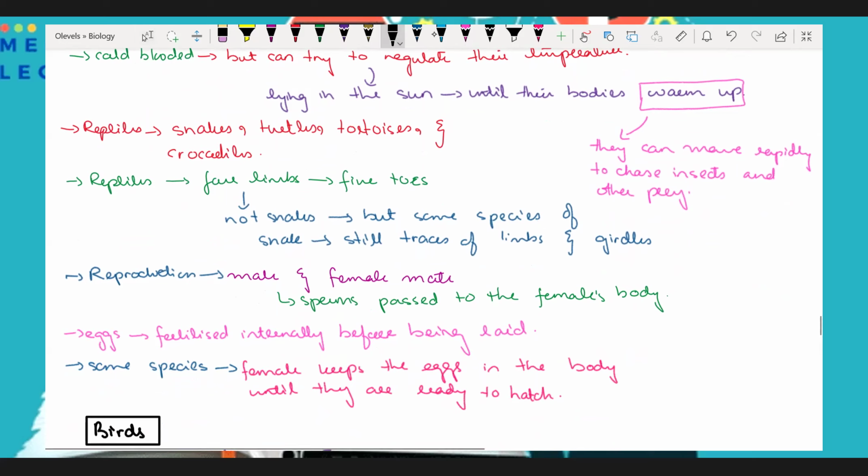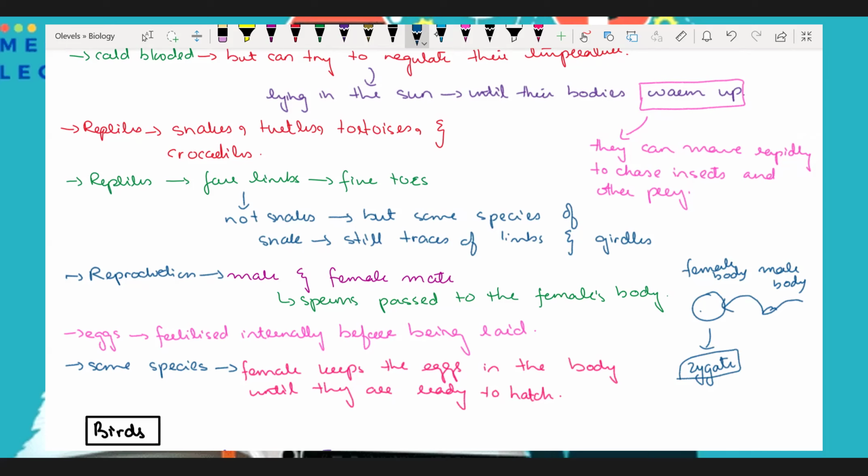For example, let me draw that out. Here is the egg. Suppose this is a female body that has an egg, and the male body has the sperm. The sperm goes to the female body and fertilizes this egg, and after that a zygote is formed. A fertilized egg is called a zygote. Now, this zygote is fertilized inside the female body.